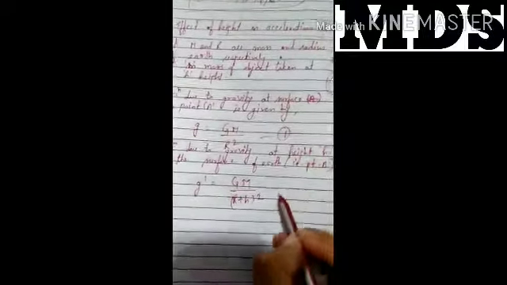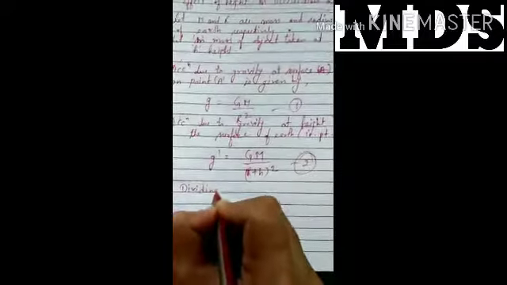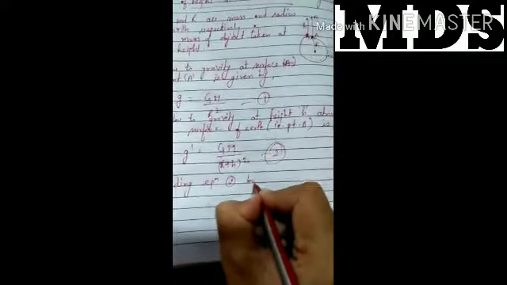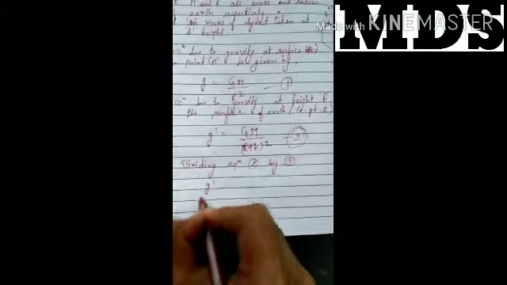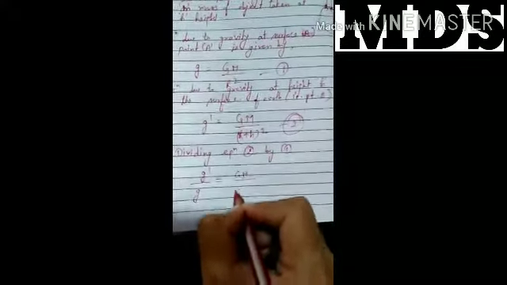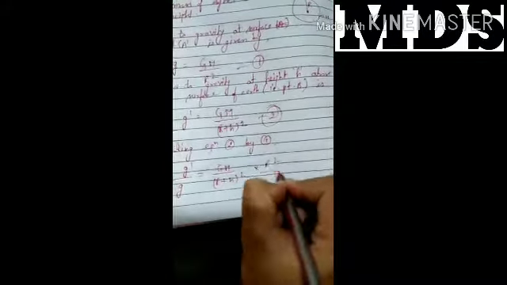Now two equations came, the first equation and this one our second equation. By using both equations, dividing the second equation by the first, we can write g dash by g is equal to GM by (R plus h) whole square into R square by GM.